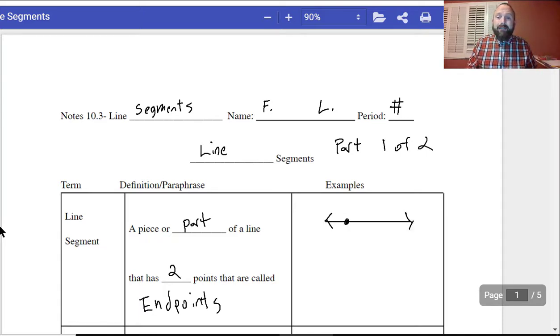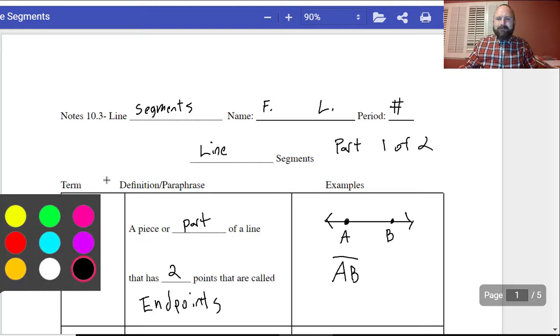My line segment is going to be what's in between. If I was going to type it out, I'd say this is line segment AB. I know it's a line segment because it doesn't have the little arrow pointing both directions. All right, guys, let's go on.